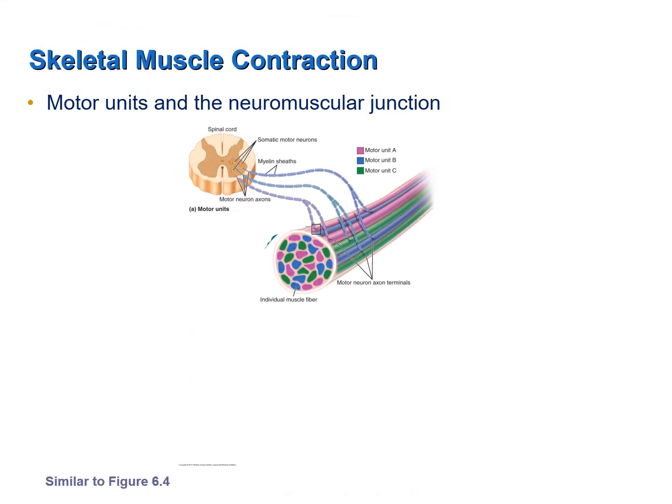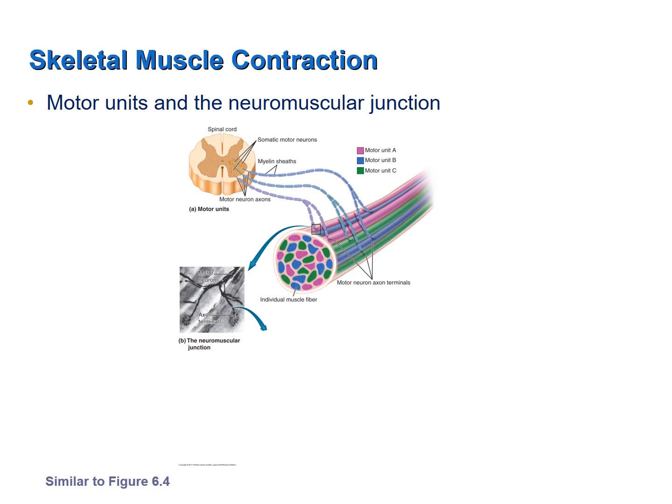Where axons interact with skeletal muscle fibers, we have what are called neuromuscular junctions. If we were to zero in on a neuromuscular junction and look at it under the microscope, we'd see an image that looks like this. Here you can see the various axons and where they form neuromuscular junctions with various skeletal muscle fibers.